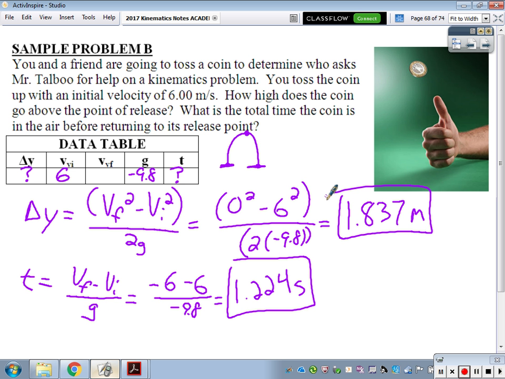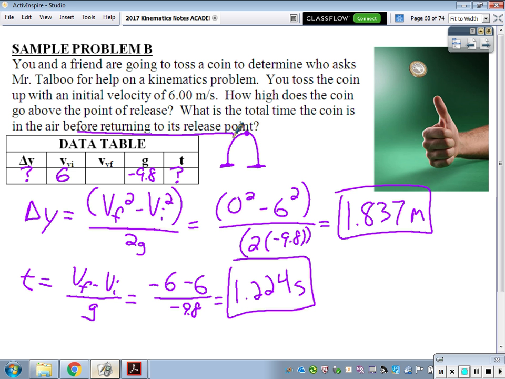Any questions with either of them? Yes, sir? Can it be symmetrical like that? No. That's the next problem that we're going to see, an asymmetrical problem. How would we know? That's a good question. The question is, how do we know it is a symmetrical problem? It returns to its release point, or release height.